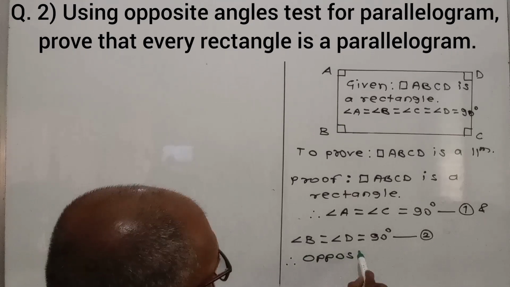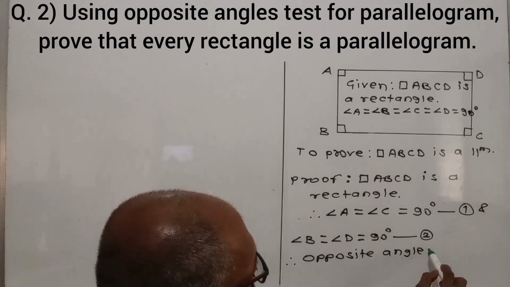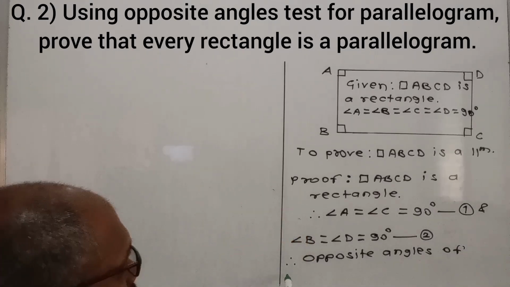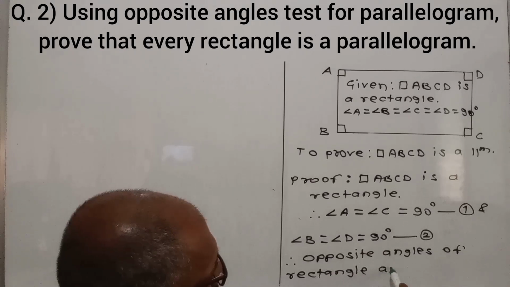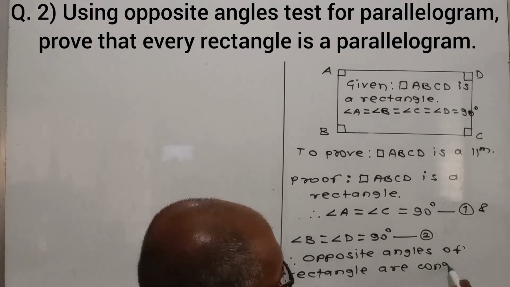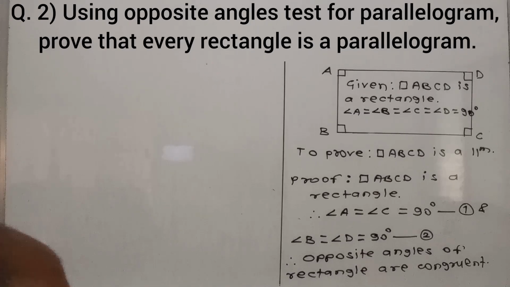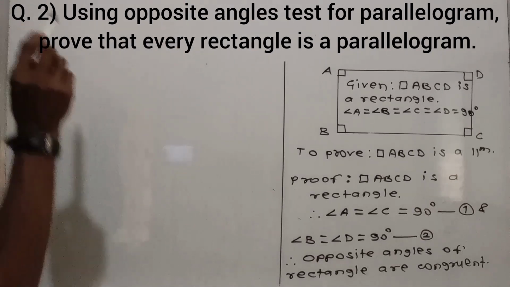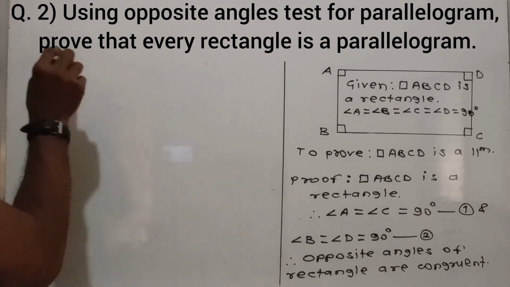Therefore, opposite angles of a rectangle are congruent. Both rectangles, opposite angles are congruent. We also know that opposite angles of a parallelogram are congruent.